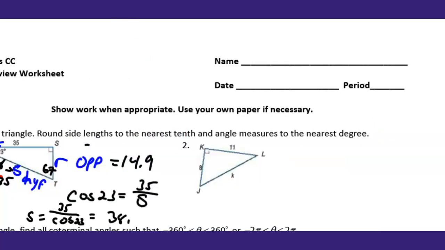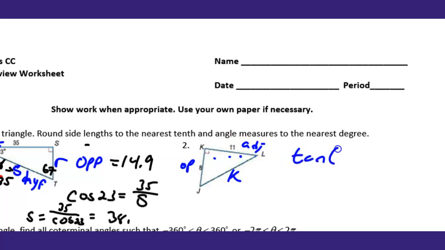For example 2, we need to find K, angle J, and angle L, and they gave us two side lengths. I'm going to find angle L first. For angle L, this side is opposite, and this side is adjacent. Which trig identity is opposite over adjacent? That is tangent.